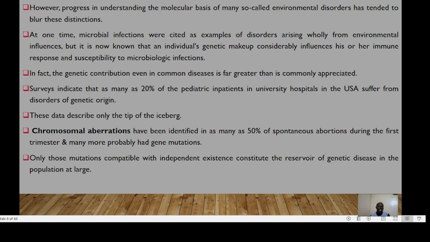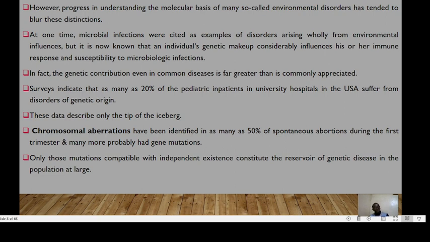In fact, the genetic contribution, even in more common diseases, is far greater than is commonly appreciated. Surveys have indicated that about 20% of pediatric inpatients in university hospitals in the USA suffer from disorders of genetic information. This data describes only the tip of the iceberg.